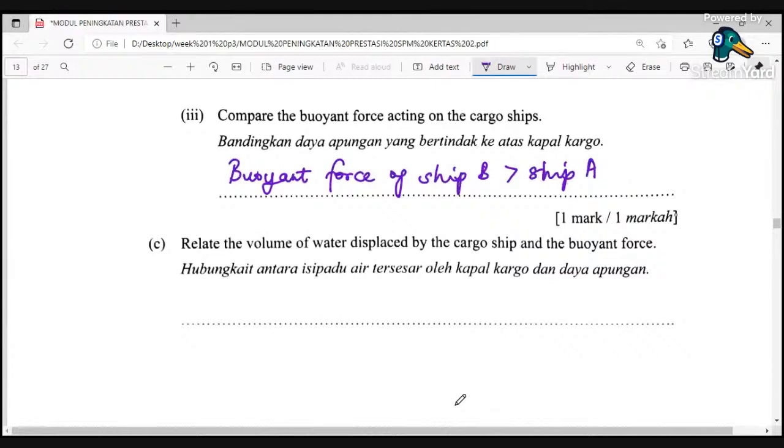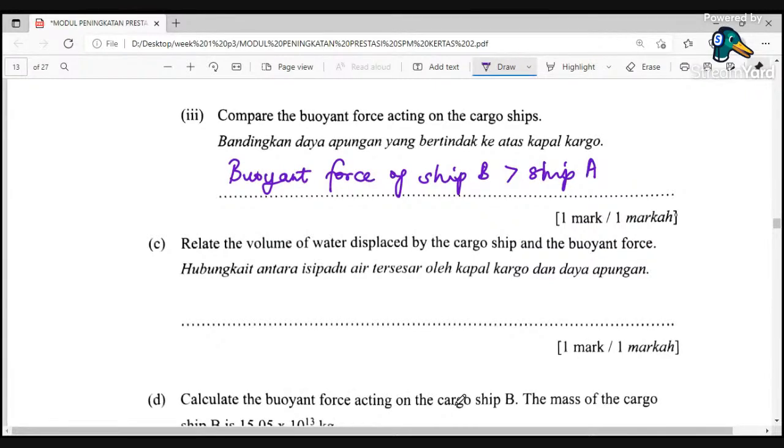Okay, relate volume water displaced by the cargo ship and the buoyant force. Jangan guna directly proportional di sini, hanya relate sahaja macam tulis hypothesis.